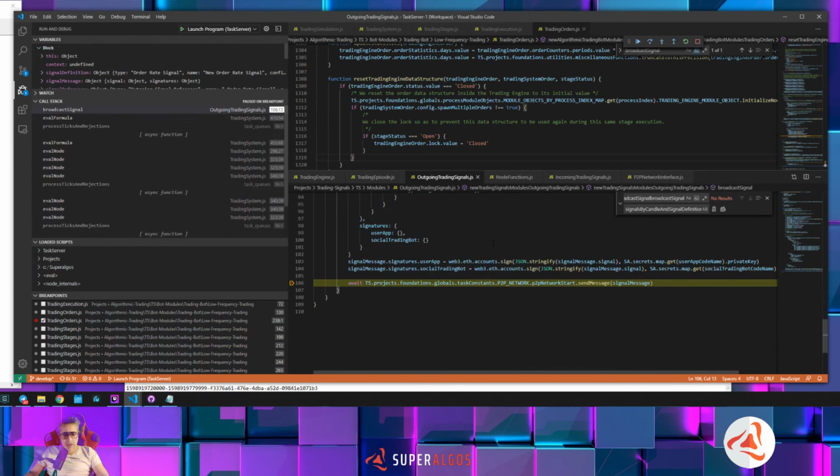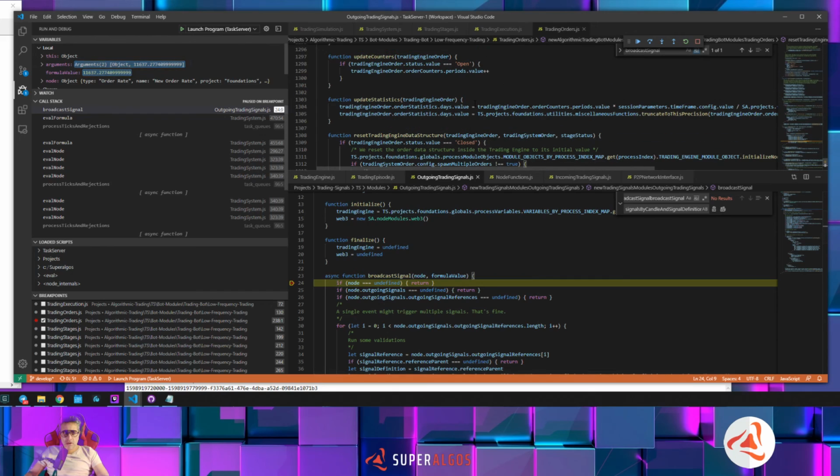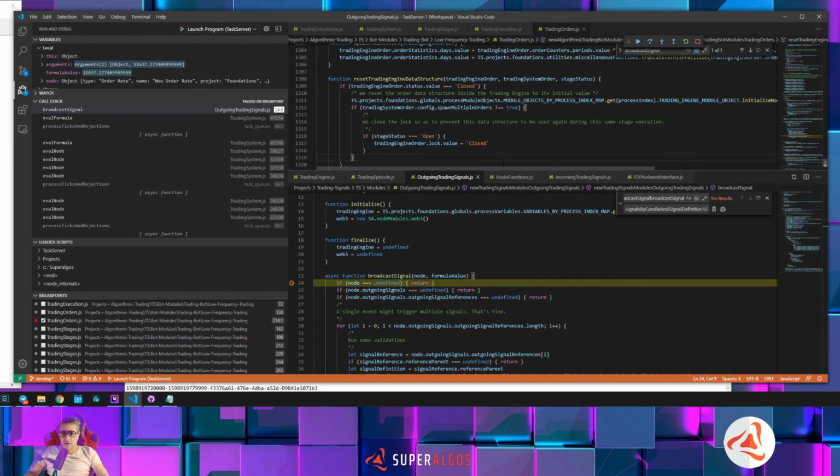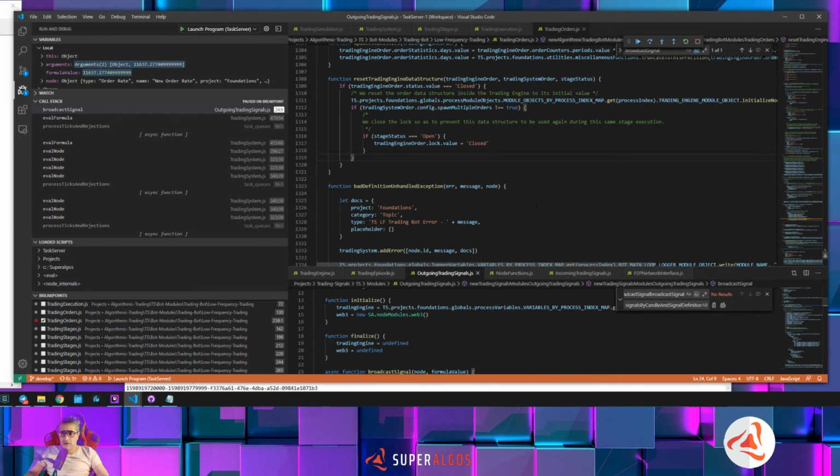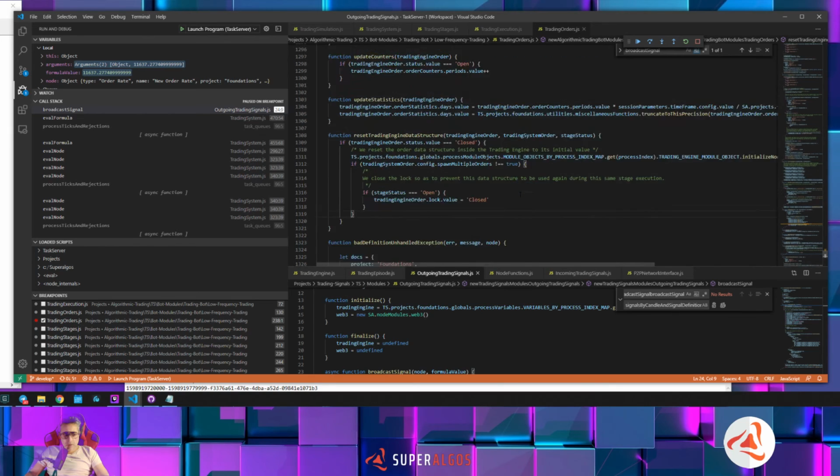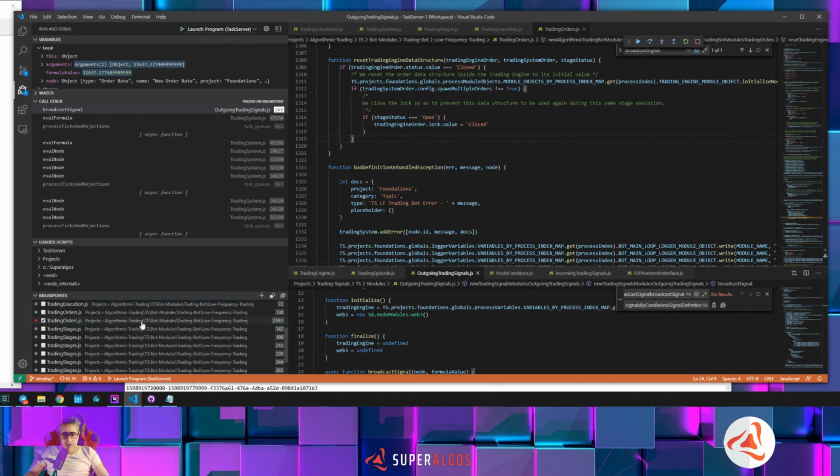It's kind of stuck here. So why is it not stopping anymore at the breakpoint of the event cancellation?